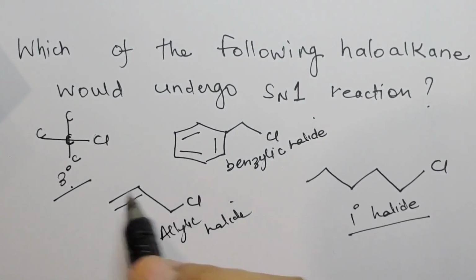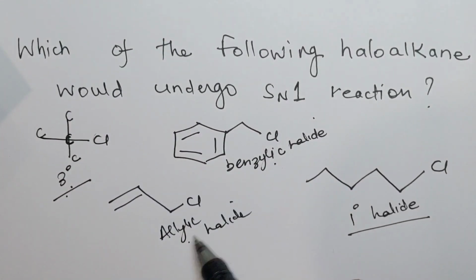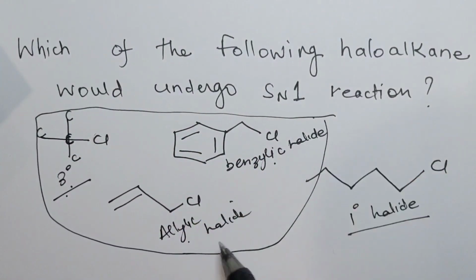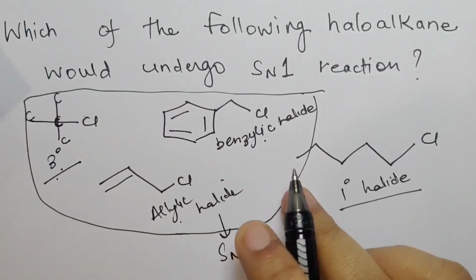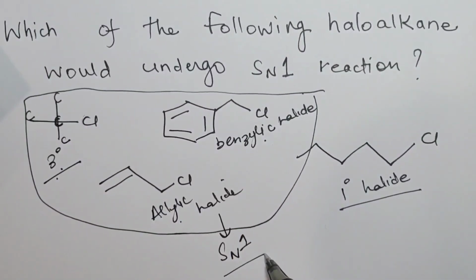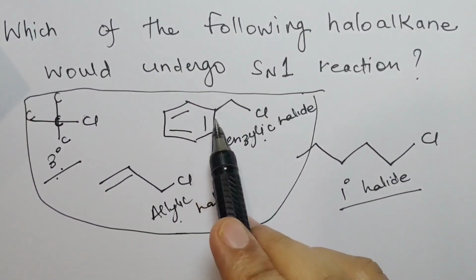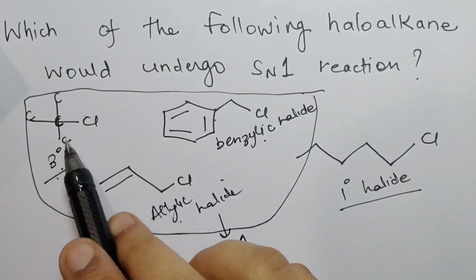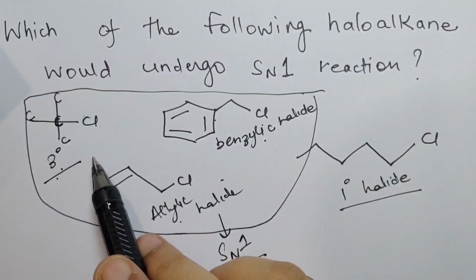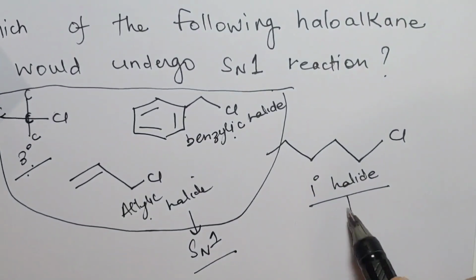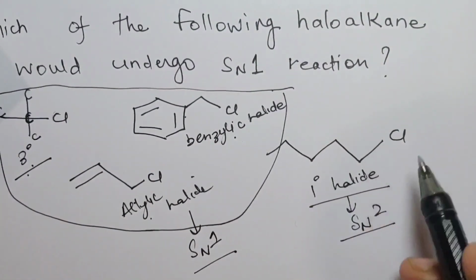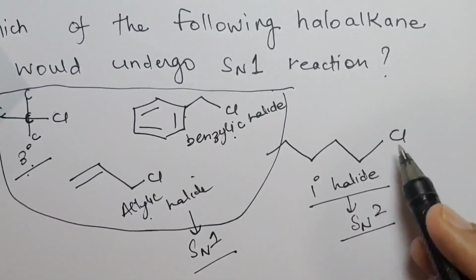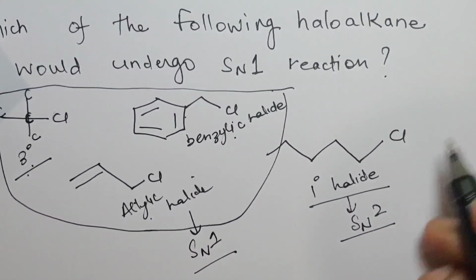So bottom line is, when you have tertiary, benzylic or allylic halide, they undergo SN1 mechanism, because SN1 proceeds via the formation of carbocation, and benzylic carbocation, allylic carbocation and tertiary carbocation are very, very stable. This would undergo SN2 mechanism because it's primary halide. It's not very hindered. So nucleophile can come and attack and the chloride ion would leave in the next step.